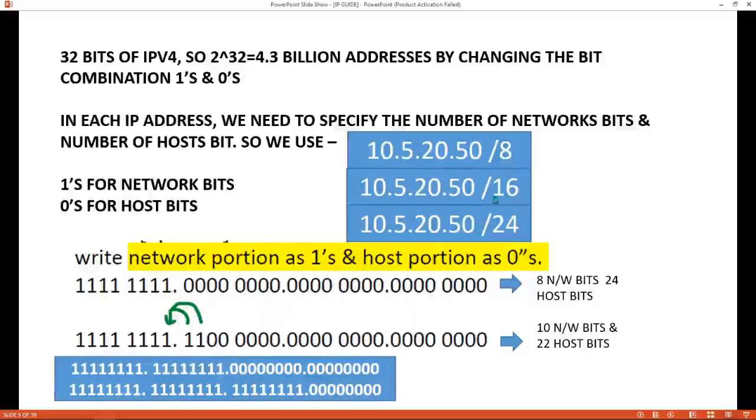As a result, when your network count increases, your host requirement goes low, right? When you move from class A to class B, /8 to /16, your network count increases and, at the same time, your host requirement goes low.